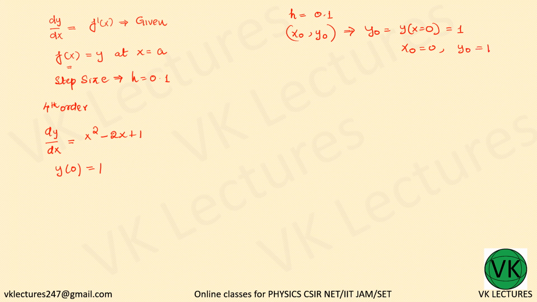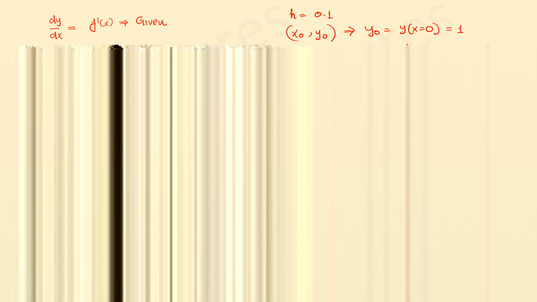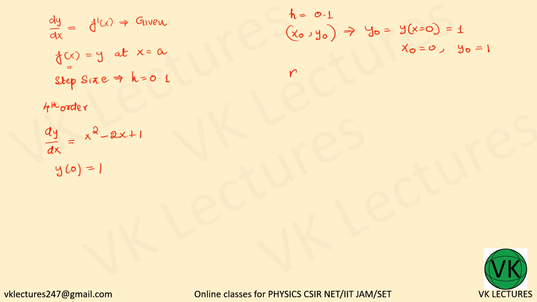Now we need to find the values of k1, k2, k3 and k4 if we are going for fourth order. Now k1 is given by h, the step size, times the function f of xn comma yn. So that's equal to 0.1 into the function at x equal to x naught.